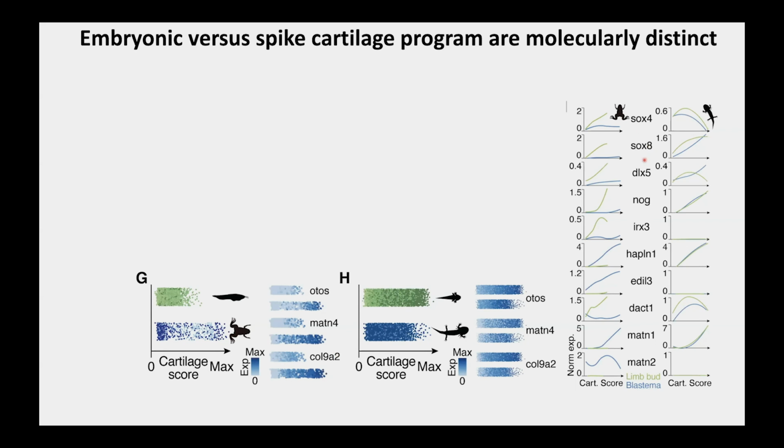And in some ways, it's easier to see the data like this, where in the axolotl, you see the profile of the embryonic and the adult blastema cells are very similar according to the cartilage score. Whereas in the frog, the adult and the embryonic cells behave very differently.